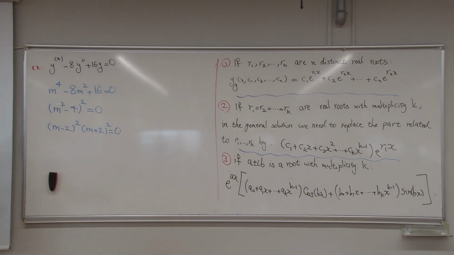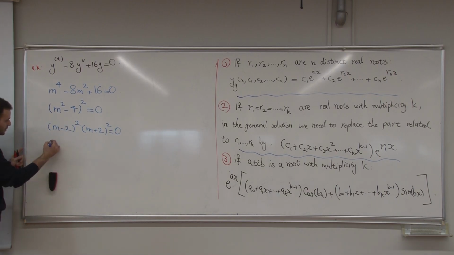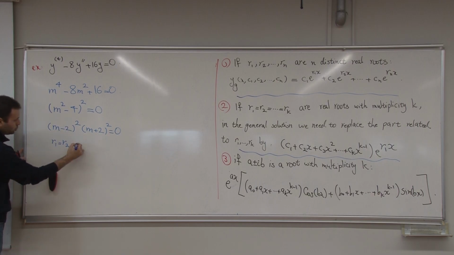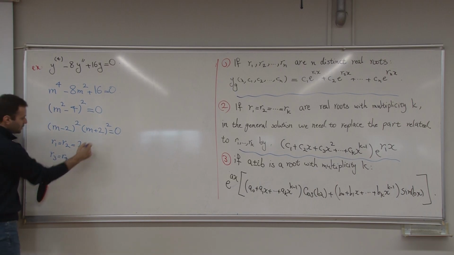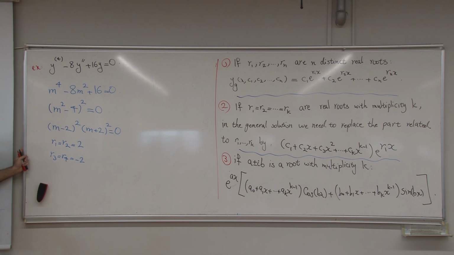So what do we have here? Yes, exactly. This is our point. So we have, for instance, r1 equal to r2 equal to 2. Our third root and our fourth root are also the same and they're equal to minus 2. So what is happening? We have repeated roots, right? What should we write as our general solution?